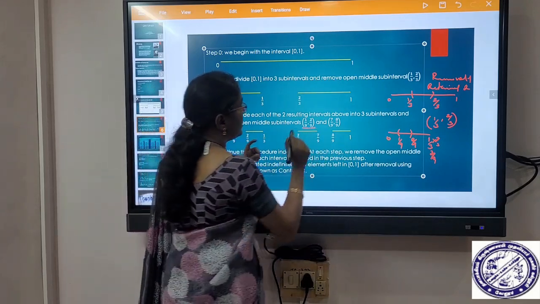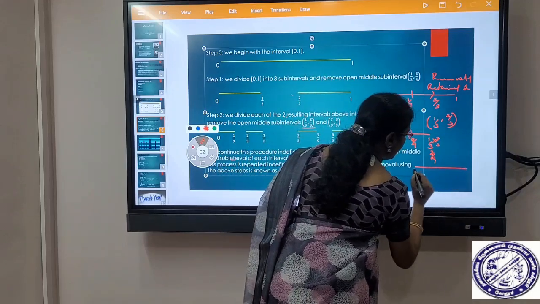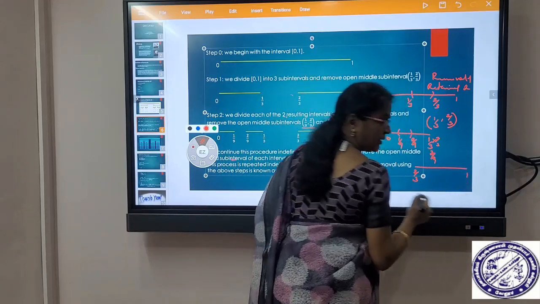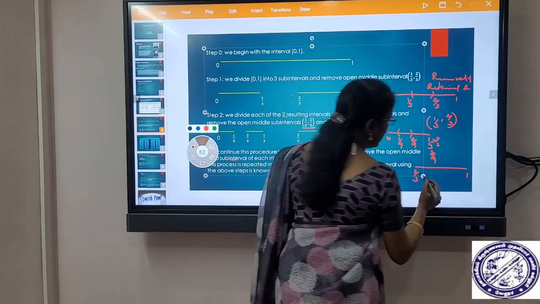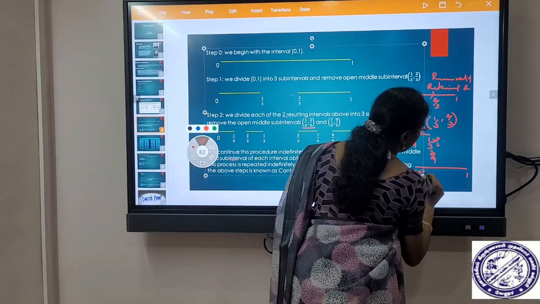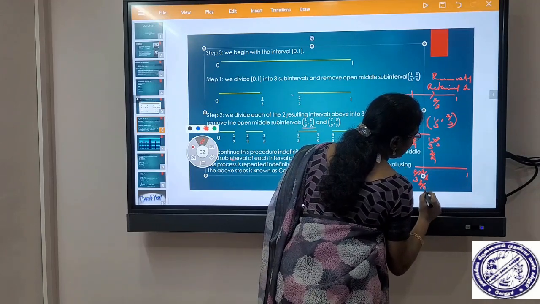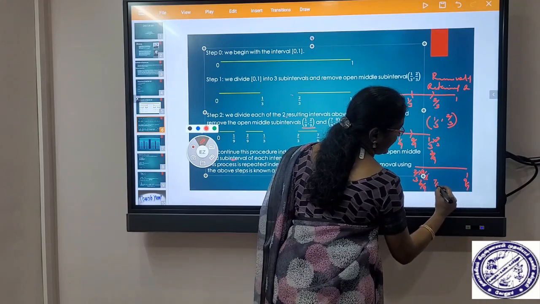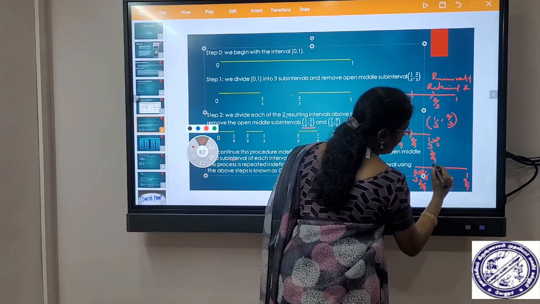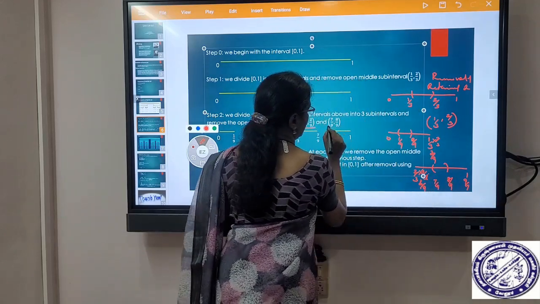Similarly, we take the line segment 2 by 3 to 1 and divide it into 3 equal intervals. That is 6 by 9, and this is 9 by 9. The next intervals are 7 by 9 and 8 by 9. And we remove this open interval 7 by 9 to 8 by 9, which is mentioned here.